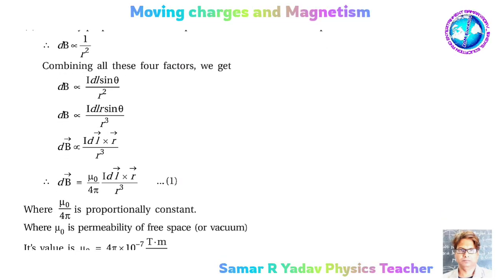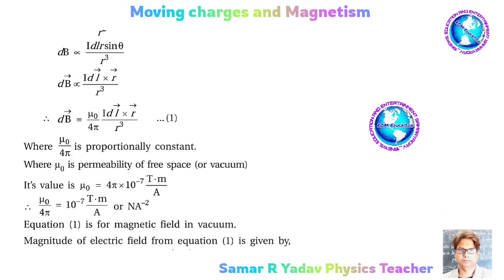Therefore dB proportional to I dl r sin theta upon r cube. Therefore vector dB proportional to I dl vector cross r vector upon r cube. Therefore vector dB is equal to mu0 upon 4 pi I dl vector cross r vector upon r cube.